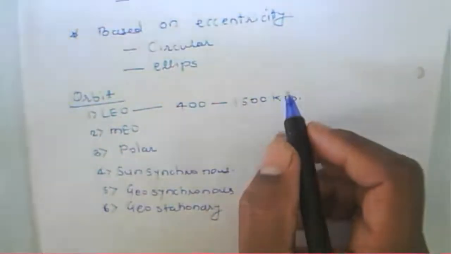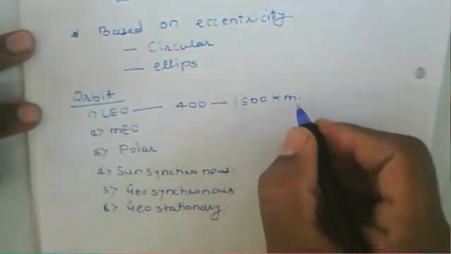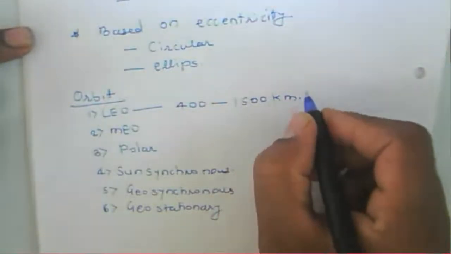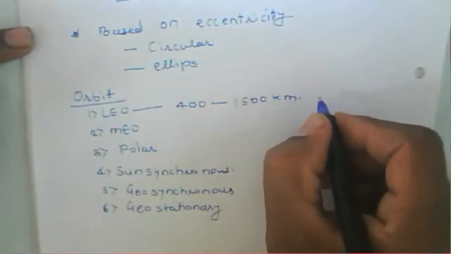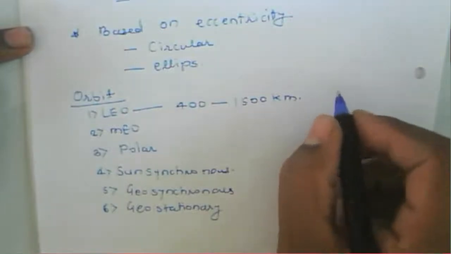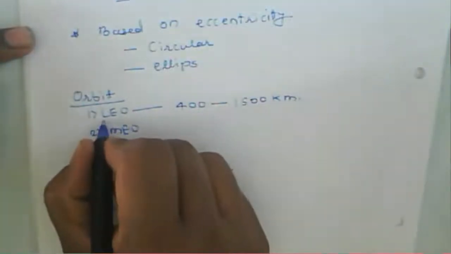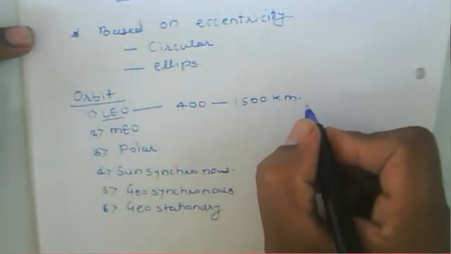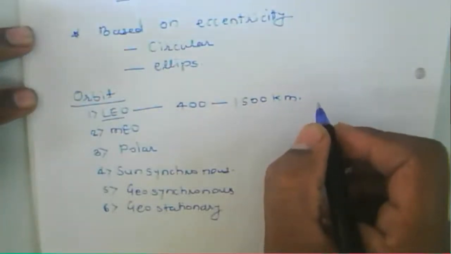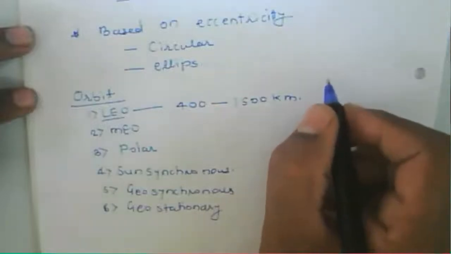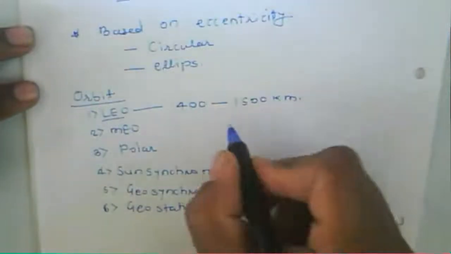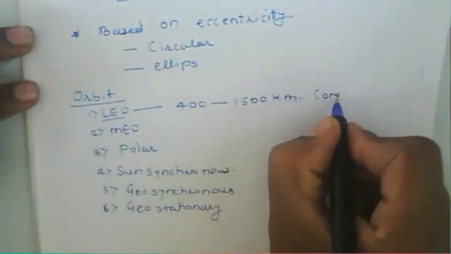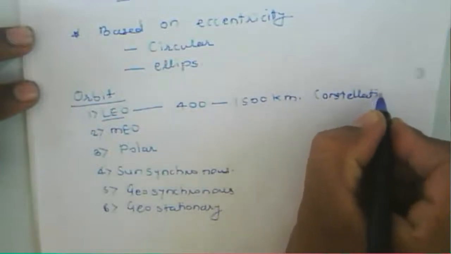That can be for mobile communication, or they can cover a large area, or the complete surface of the Earth, using LEO orbits. But how? In that case we need to use a constellation of satellites.